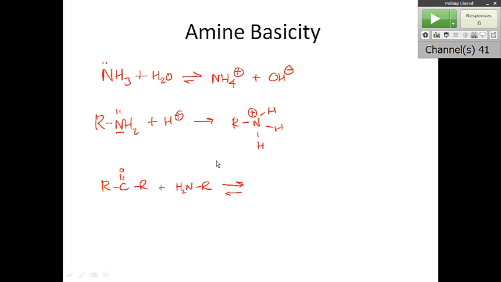But number two, if I added acid, it would protonate this, and that would no longer be a nucleophile. When we did this reaction with alcohols or water to form acetals, hydrates, ketals, etc., we needed acid as a catalyst. We don't use it here because if it's there, you don't get a reaction, because all that does is protonate the nitrogen, and then it can't act as a nucleophile anymore. So that's why we didn't see nitrogen have an acid with it.